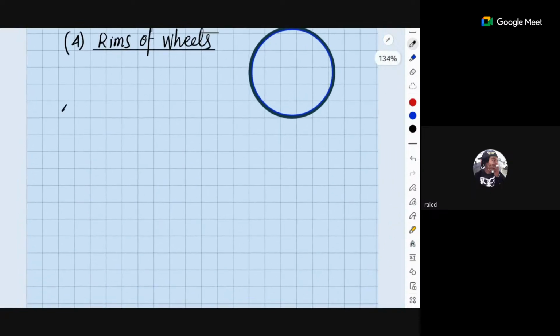Then the fifth application is basically the bimetallic strip. Bimetallic strip is that type of device which is used in electric temperature sensors. I will explain that in detail in my next class.